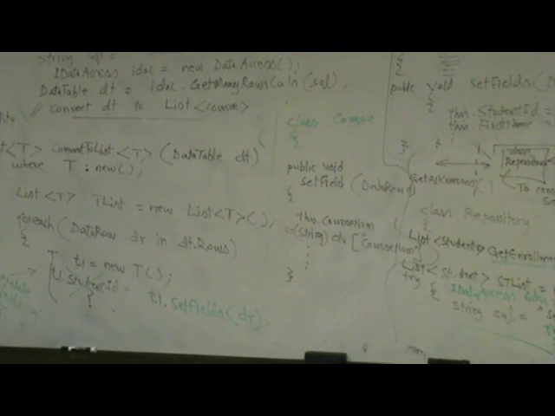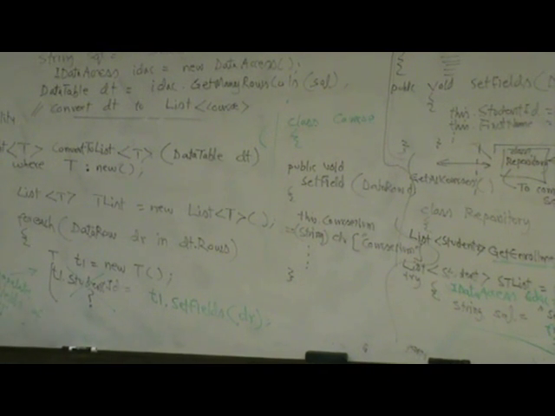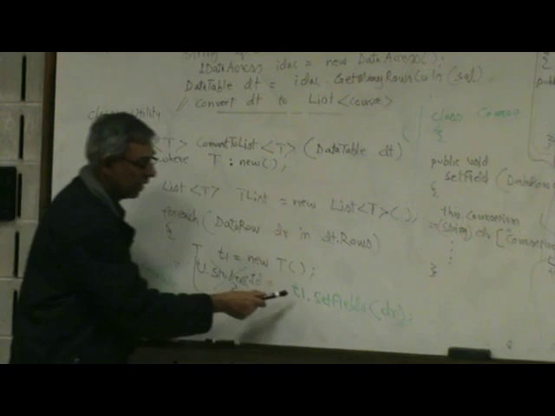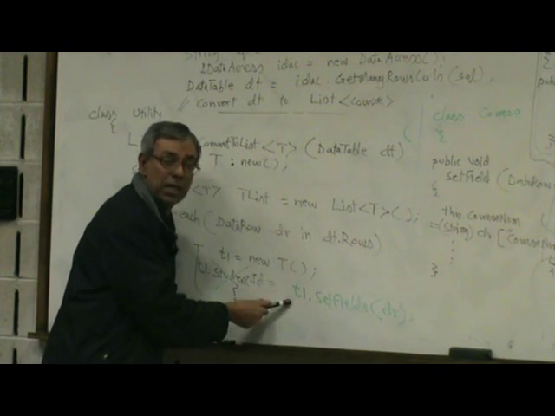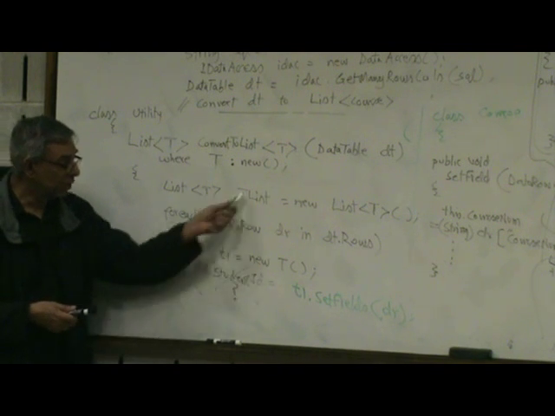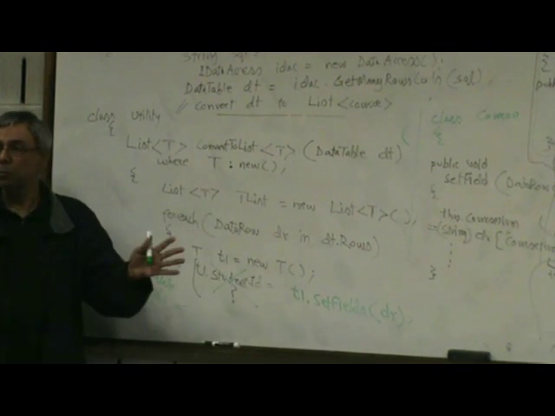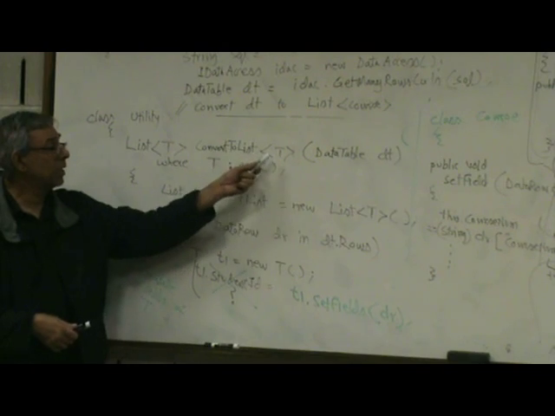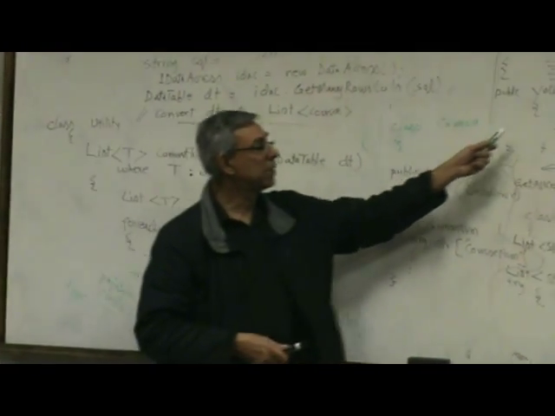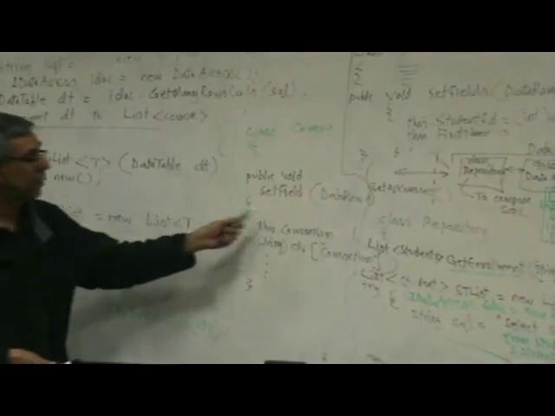They made it setField. What will happen now? The compiler will not catch it, because type T could be student, type T could be course. You call it on the student, it will work perfectly. You call it on the course, what will happen? It will generate a runtime error saying there's no setFields over here, right?